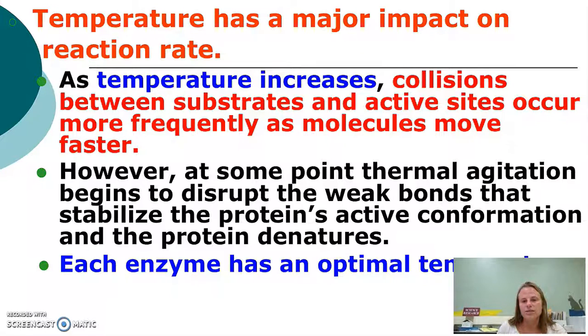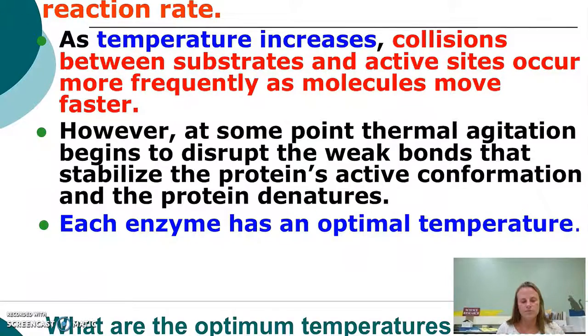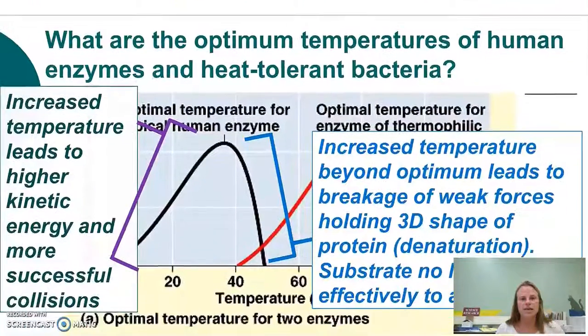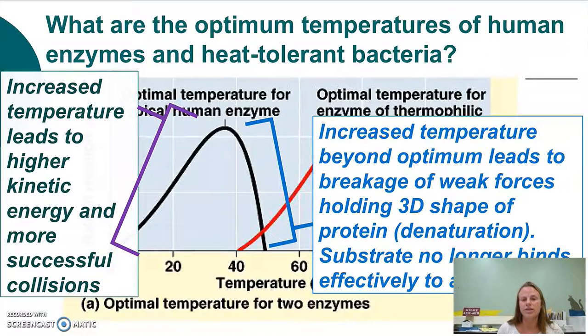As it increases, my molecules move faster, so there are more frequent collisions between my enzymes and my substrates. Therefore, the reaction is going to occur faster. However, there is something called an optimum temperature at which the enzyme is working at its fastest rate, or the reaction is occurring at its fastest rate.